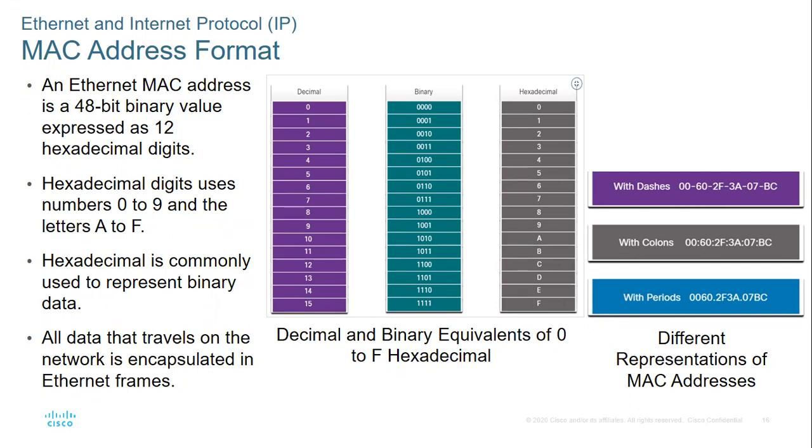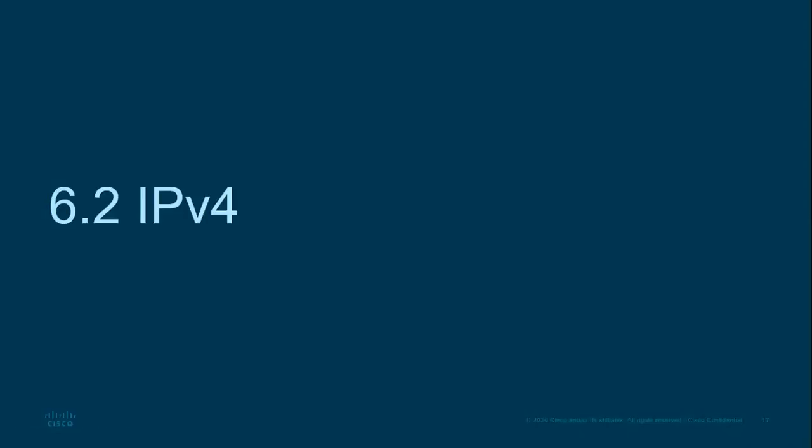So just by looking at the first 24 bits, you can tell that this laptop belongs to Dell. Then the last 24 bits are used to distinguish the devices made by Dell, and so on. And we have 3 ways in which this MAC address can be represented: in the form of dashes, colons, or periods. Okay. All right.